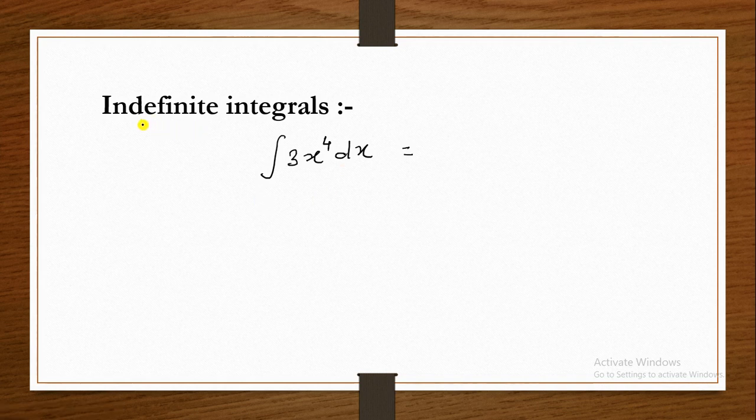Indefinite means not defined, meaning no limits or conditions of integration are mentioned. So the answer of this question is 3x to the power 5 by 5 plus c. When the condition of integration is not mentioned, we should add a constant c in the result of an indefinite integral.